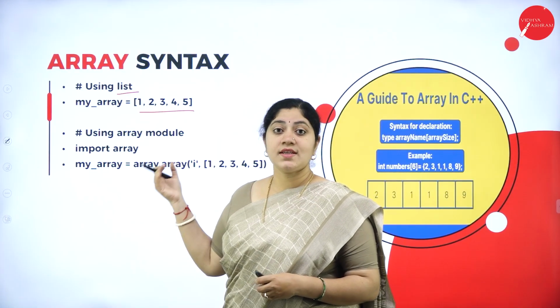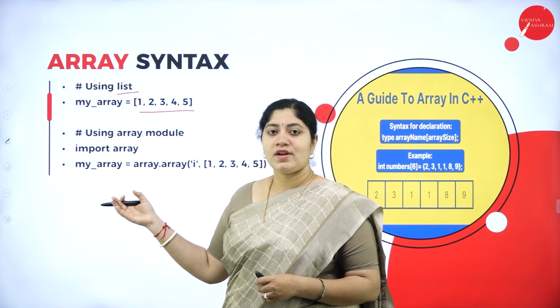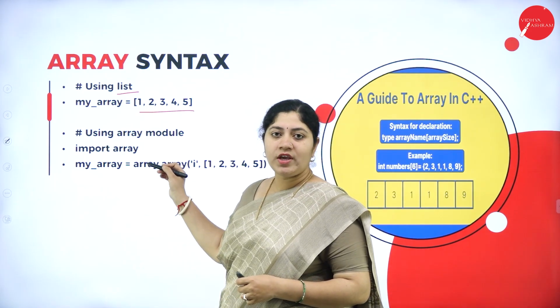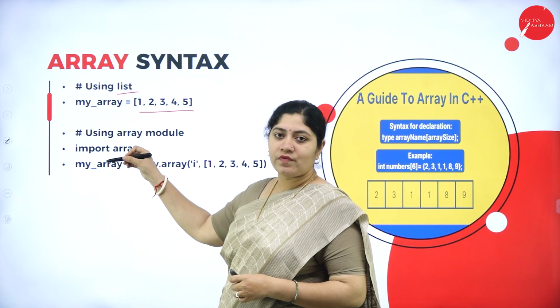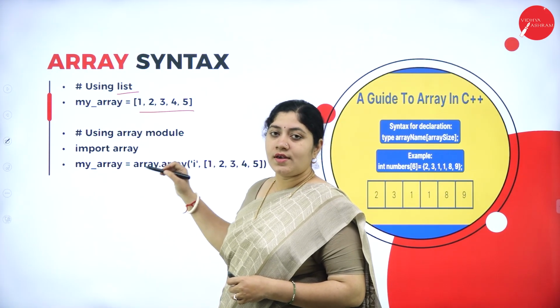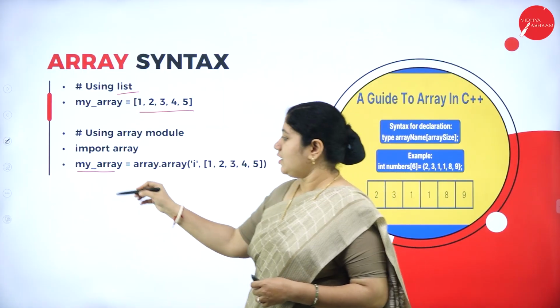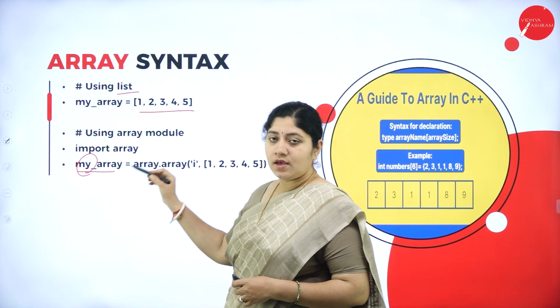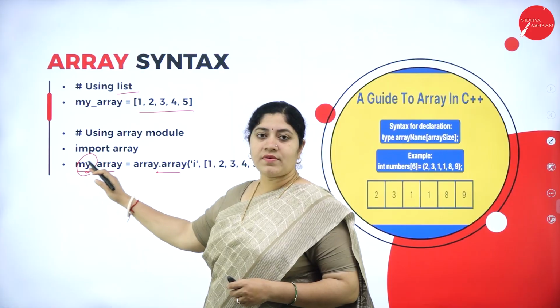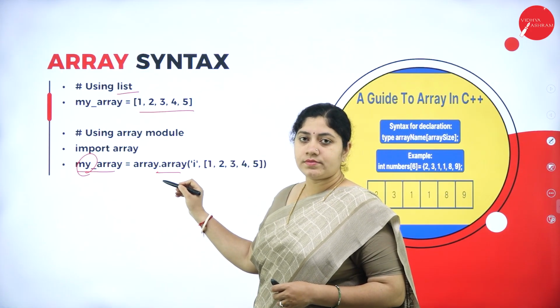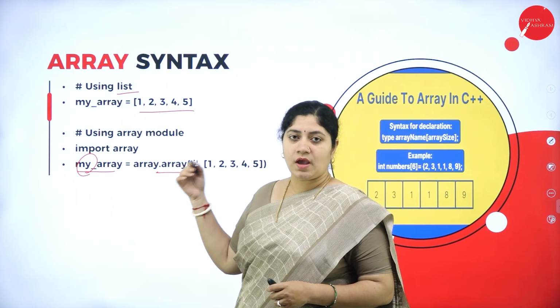Up next, let's see the syntax for declaration of an array by using the array module. So now we are calling an import statement, that is import array. What is the syntax? That is my_array, any word_array. You can observe here we have considered a type, that is array, followed by the name of the array that we have defined.